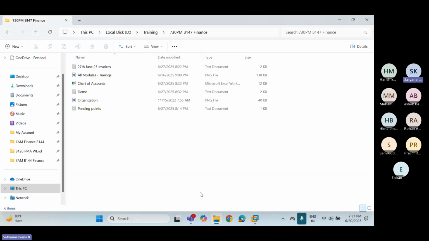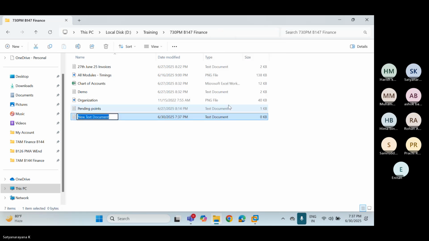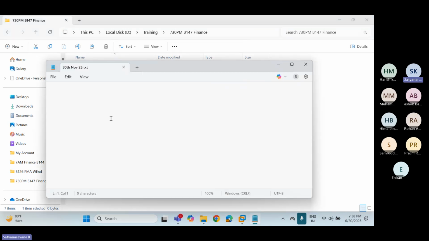So if you want to understand finance, Microsoft Dynamics 365 Finance, we need to understand 3 golden rules and 4 transactions.